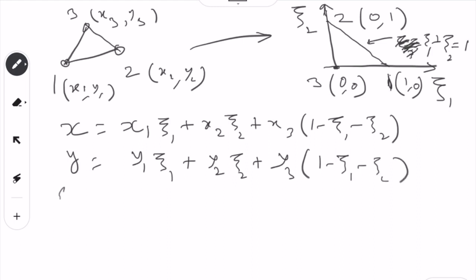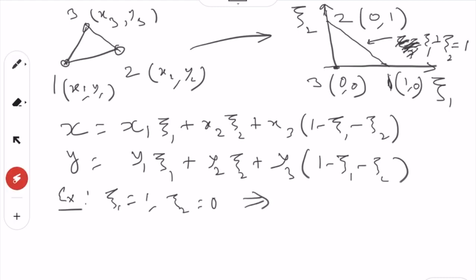You can just check quickly. As an example, say xi1 equal to 1, xi2 equal to 0. Then we get x1 times 1, xi2 is 0, and 1 minus 1 minus 0 also becomes 0. So we get x equal to x1 and y equal to y1.